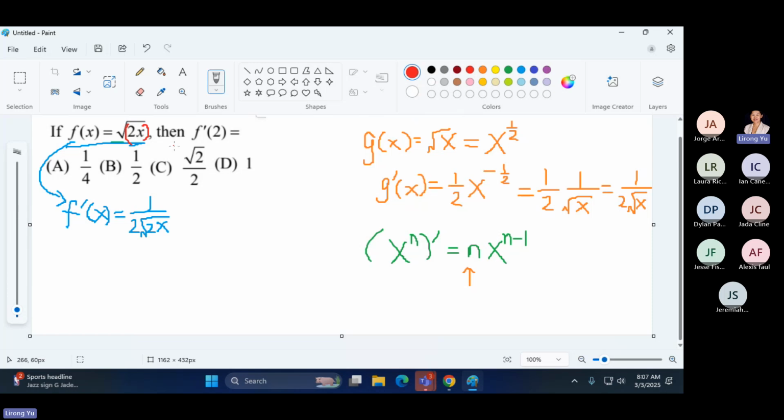All you have is differentiating the inside function only. The derivative of the inside function is 2, right? The derivative of 2x is 2. So all we have to do for the inside function is multiply by 2. That's the chain rule. According to the chain rule, you differentiate the outside function first without changing the inside function, and multiply by the derivative of the inside function.